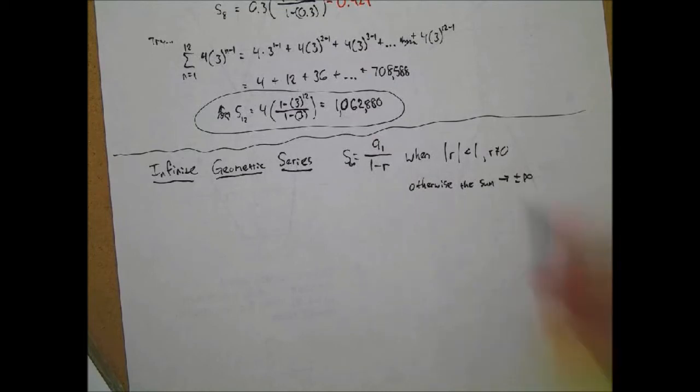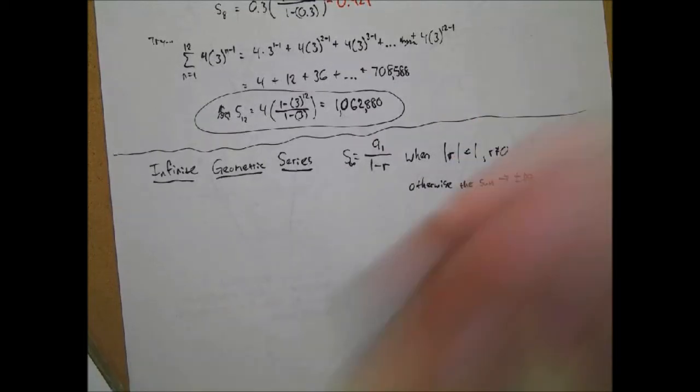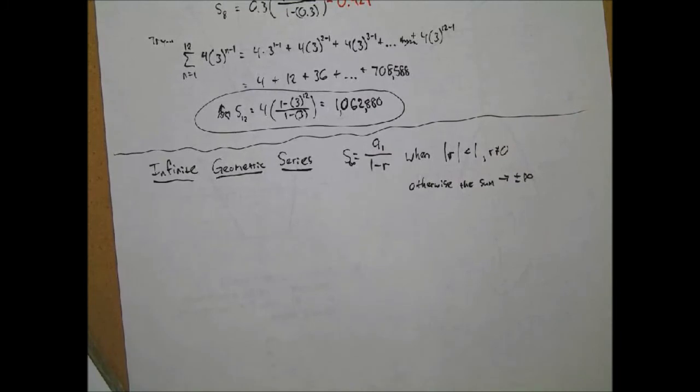And that's because, for example, if r is negative 1/2, you could find the sum of that infinite geometric series. But if r was equal to negative 2, that infinite geometric series would not converge.